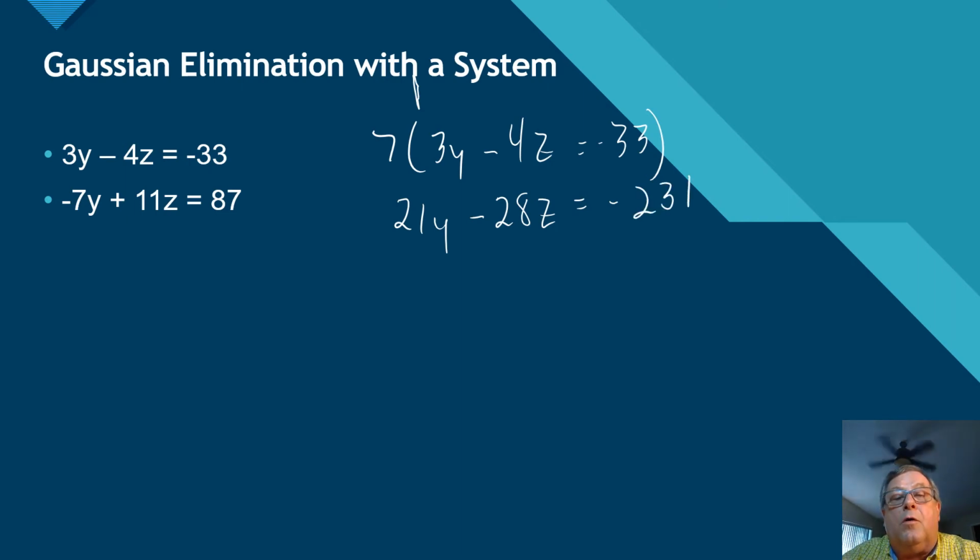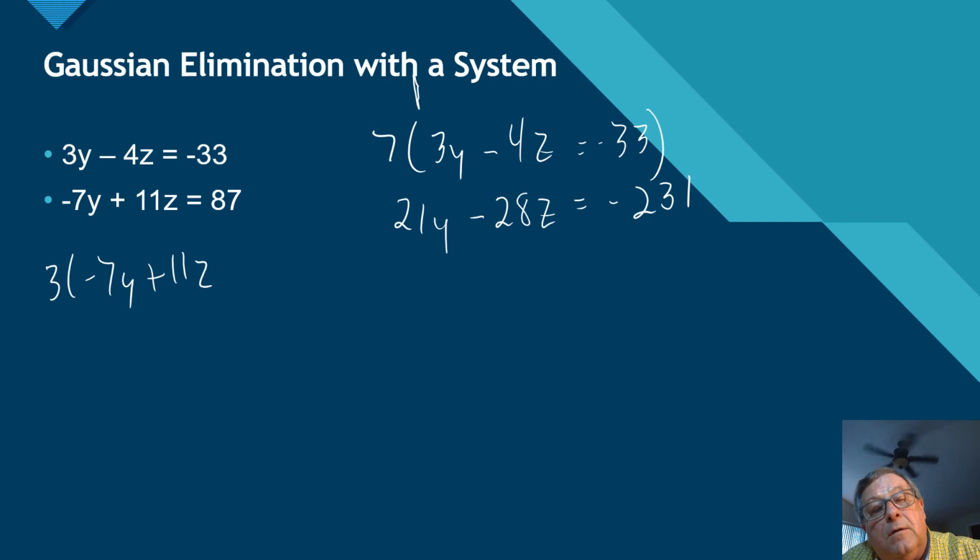Then let's work on this second equation where we're going to multiply it by 3. So I've got 3 times negative 7y plus 11z equals 87. And so 3 times negative 7y is negative 21y. 3 times 11z is then going to be plus 33z.